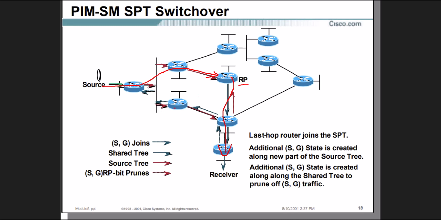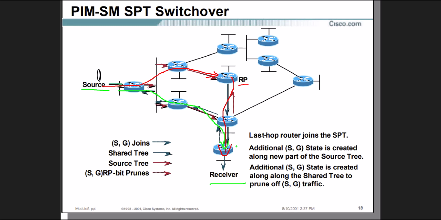Is there a possibility in this particular network, in this example, to build a better path between this specific source and this specific receiver? Probably yes, because traffic could go like that. Maybe it is the more optimal path. But the question is whether it is possible to switch over to this alternate better path.